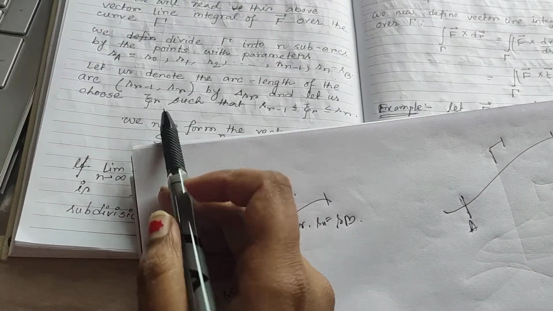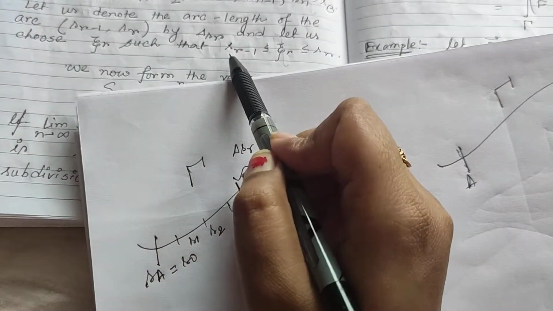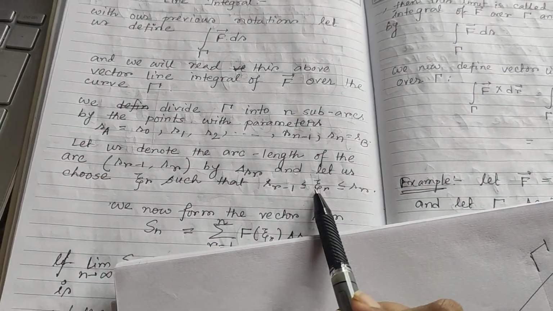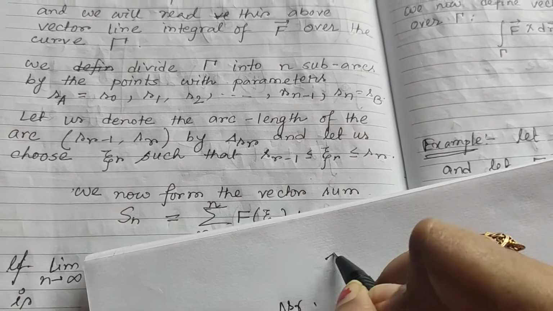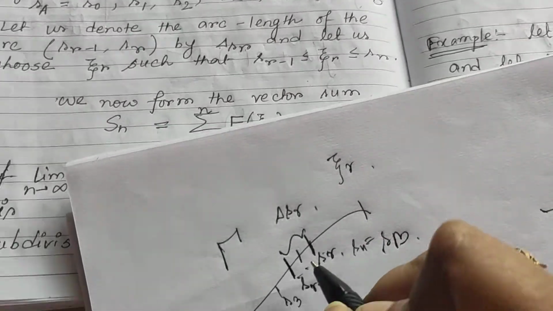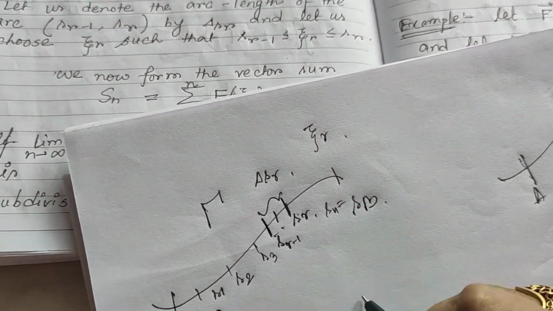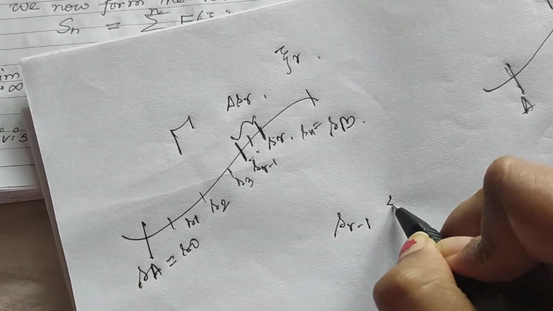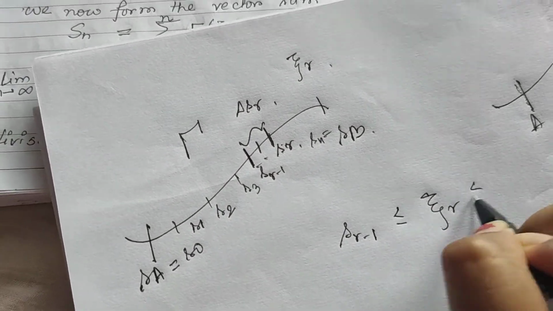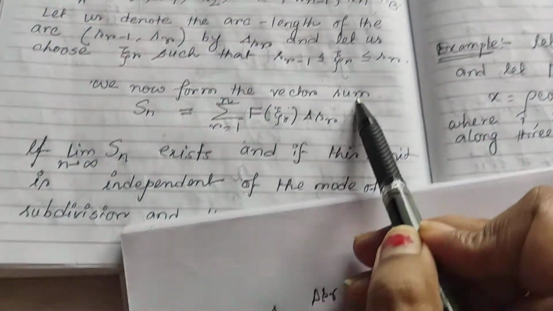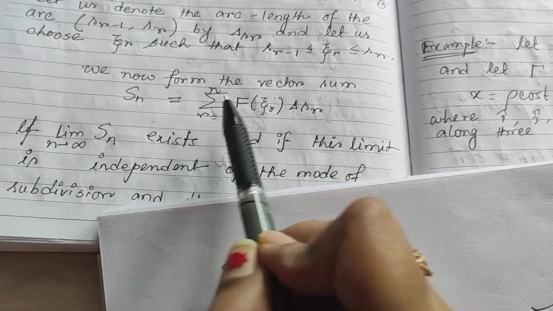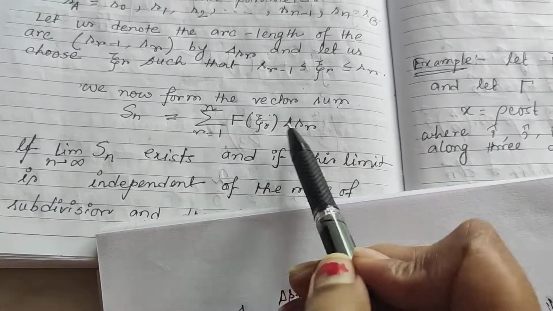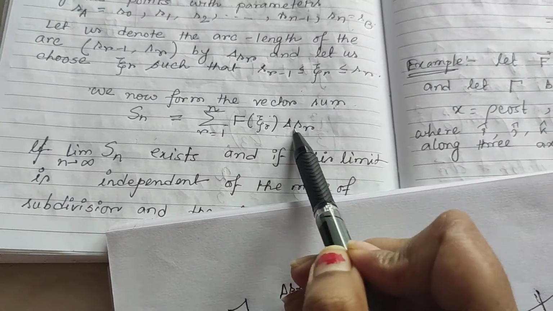And let us choose xi r such that S(r minus 1) is less than or equal to xi r, which is less than or equal to S(r). That means the particular point xi r lies in this interval. Now we know from the vector sum that Sn equals the summation from r equals 1 to n of f(xi r) delta S(r).